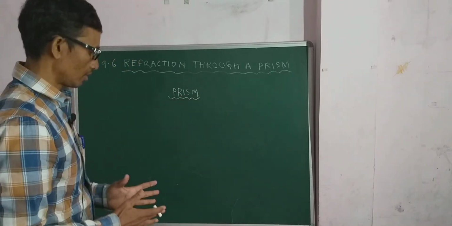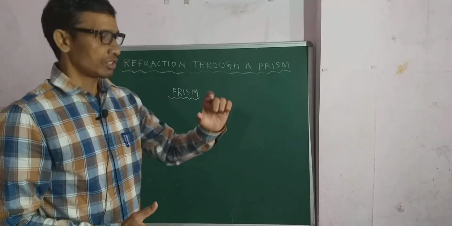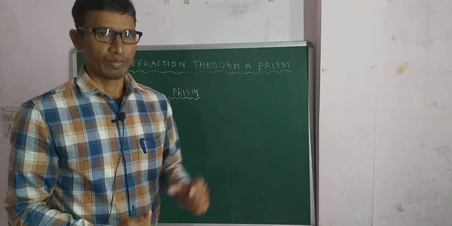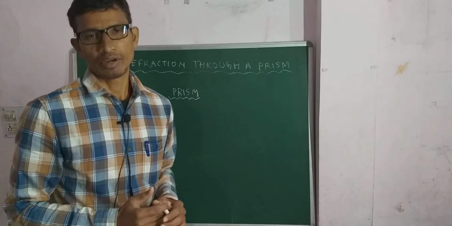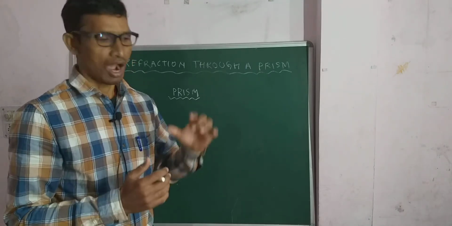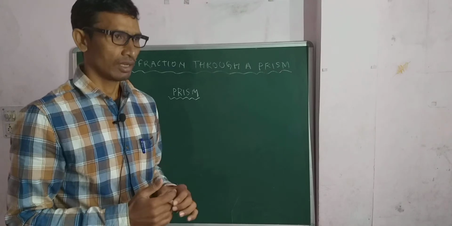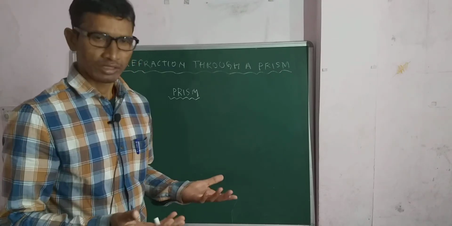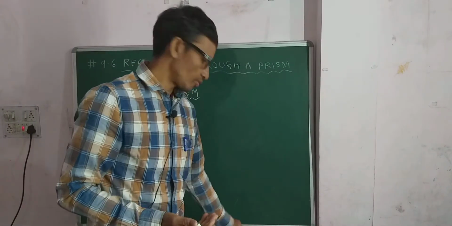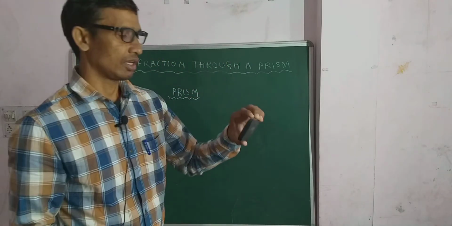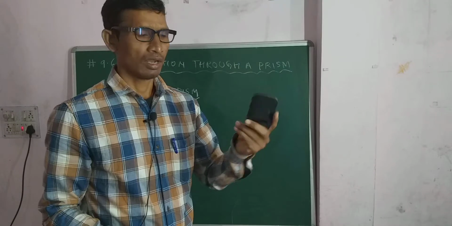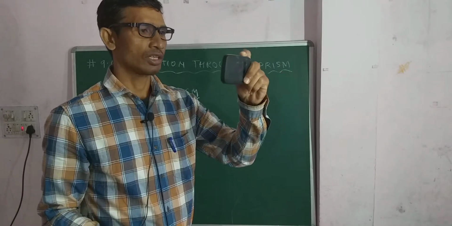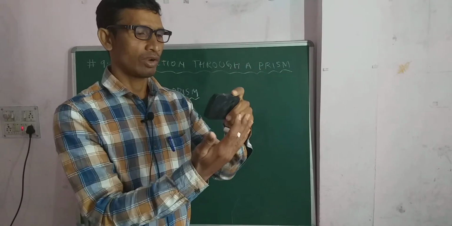A prism looks like a transparent medium. And what is a transparent medium? This is a material. It is a hard material, but we cannot see across the object.